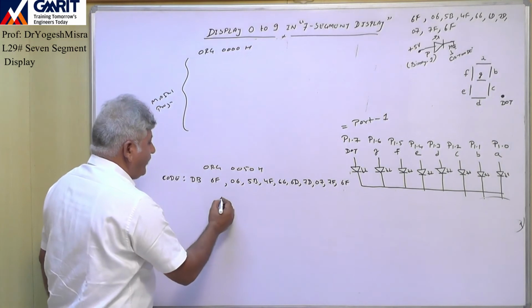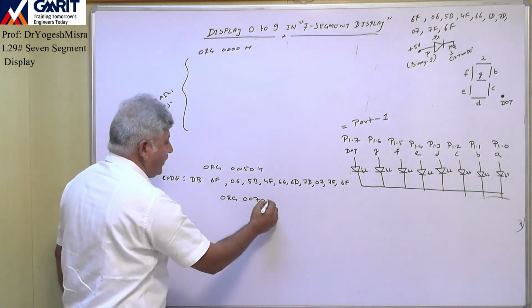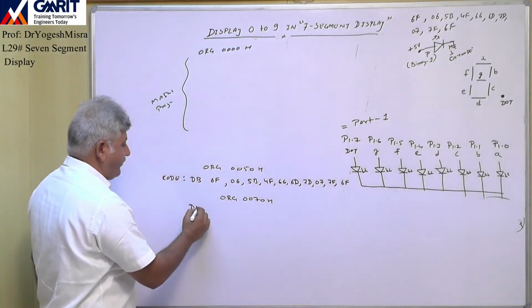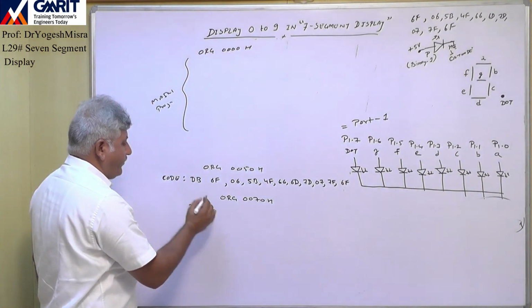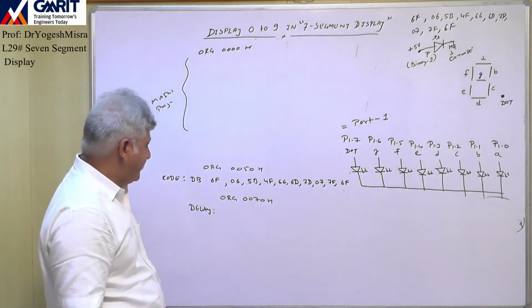And the delay subroutine we will write at another memory location, suppose that is 0070h. Here we will write the delay subroutine. The same code we will use, whatever we discussed in the previous class.